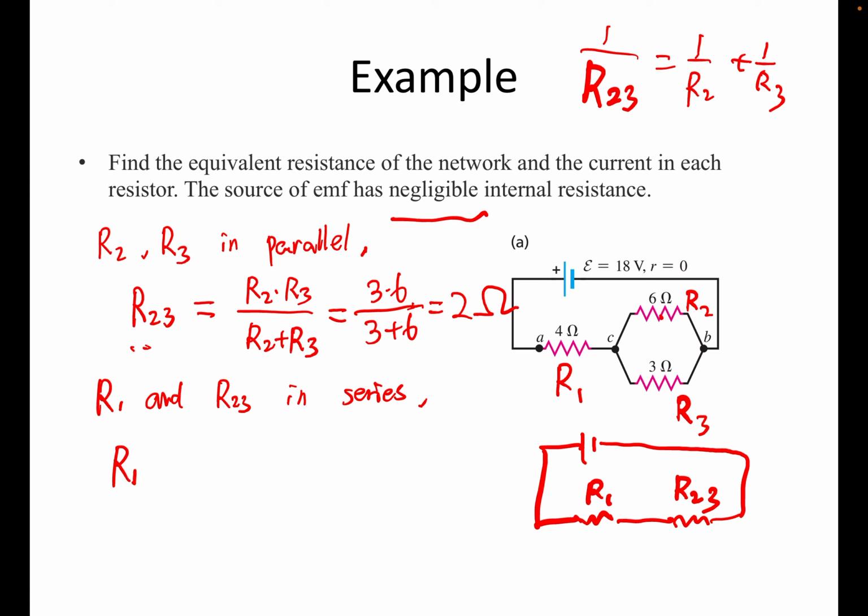So let me call the total equivalent resistance R1 to 3. It should be the direct sum of R1 and R2,3. So it's 4 plus 2, 6 ohm. Okay, so we find the equivalent resistance.